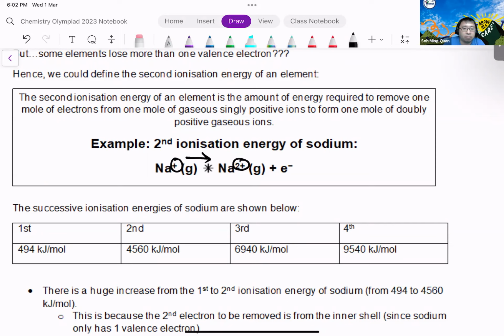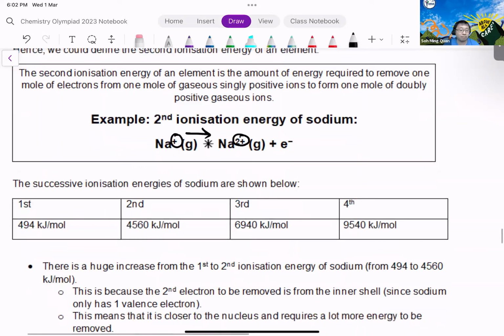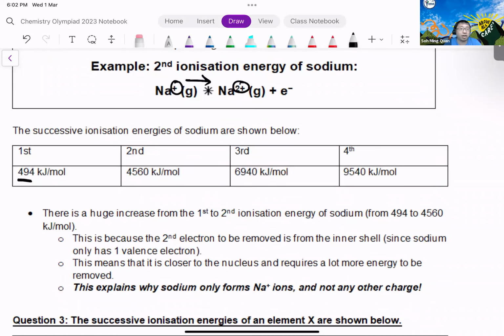Then you're like, what? Doesn't sodium just lose one electron? Well, let's look at the numbers. The first IE is 494. Sounds reasonable, huh? The second IE is, oh my God, so much higher, a huge increase. Which tells you that sodium needs a lot of energy to take away a second electron.